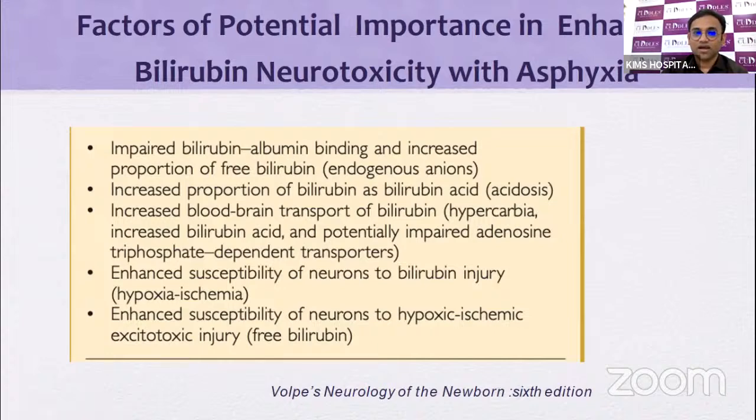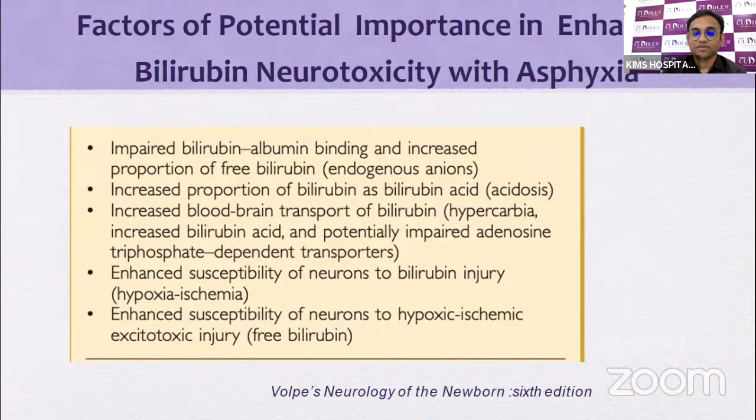And the acidosis per se, as we discussed previously, will lead to more development of bilirubinic acid, which is the most toxic form of bilirubin. In asphyxia, we usually see on the blood gas hypercarbia and hypoxia, which lead to more blood supplied to the brain in order to provide oxygen and remove carbon dioxide. That leads to more blood flow and more chance of deposition of bilirubin in the brain.